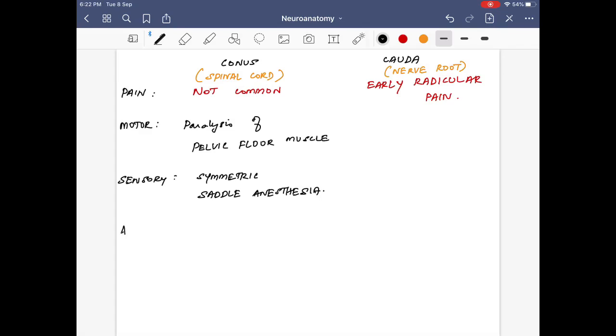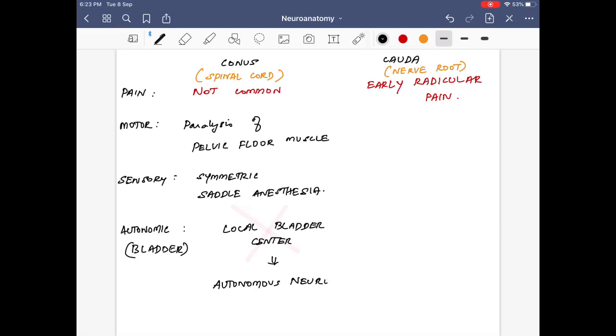The bladder or autonomic disturbance is that, since the entire sacral bladder center is affected, we get an autonomous neurogenic bladder.